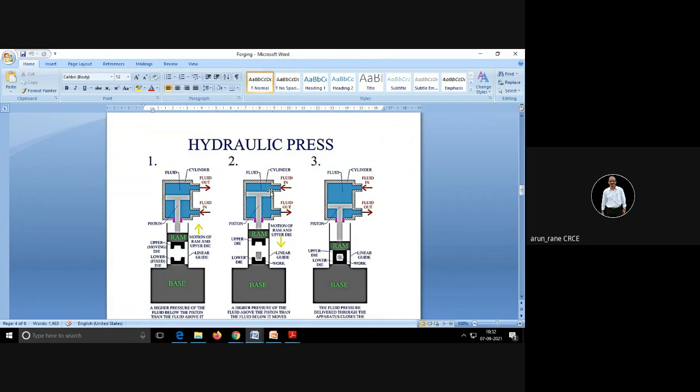Like suppose if you want to draw a cup or a bucket, like tea cup and the bucket that we use for bathing. So those kind of components are drawn components where mechanical press cannot be used, because you cannot have that much slow speed in mechanical presses. So hydraulic presses.